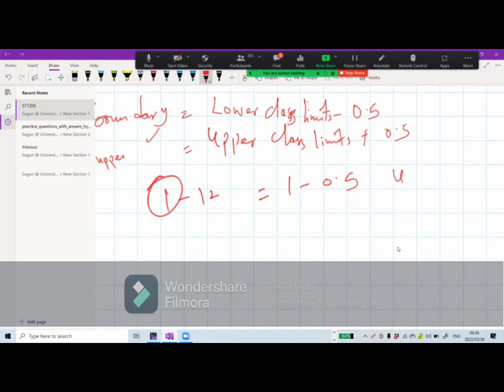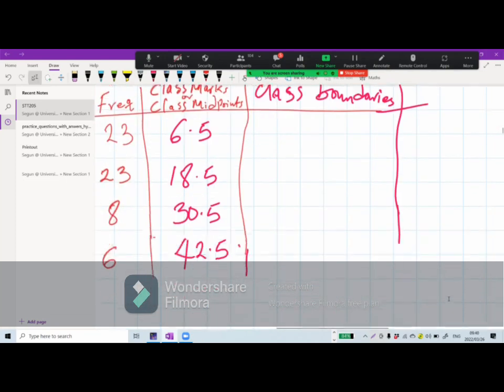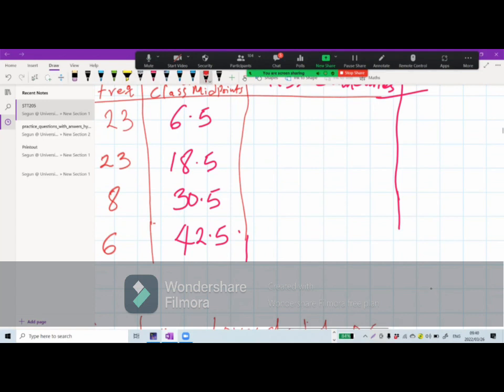The upper is 12 plus 0.5, which is 12.5. So let's write it down: 0.5 to 12.5.